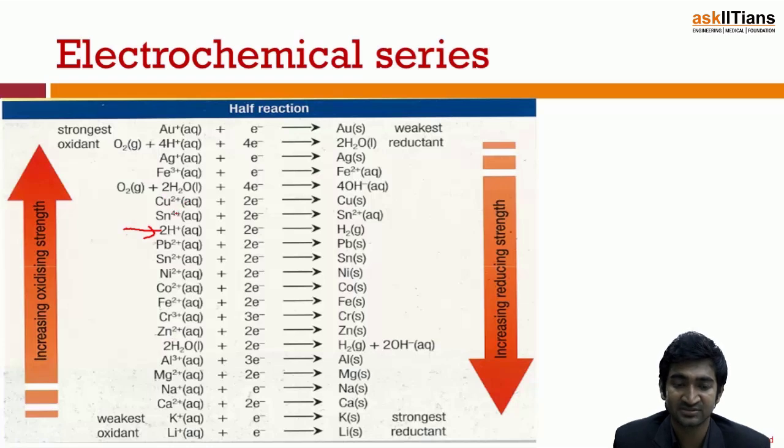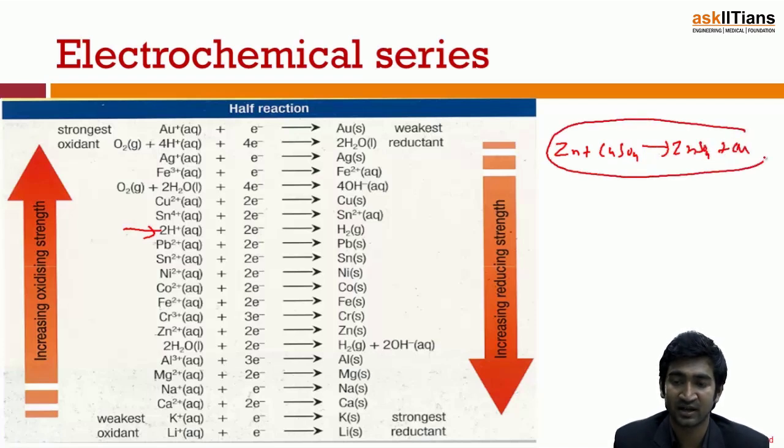So that means Zn will replace Cu2+. That's why you have one equation, if you remember, Zn plus CuSO4 gives you ZnSO4 plus Cu. That is because the reduction potential of zinc is more negative as compared to Cu2+, you can see.